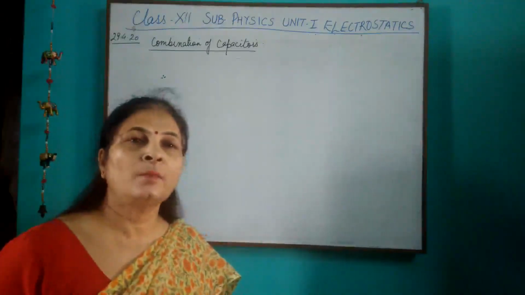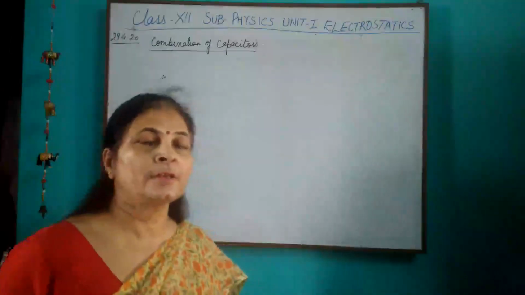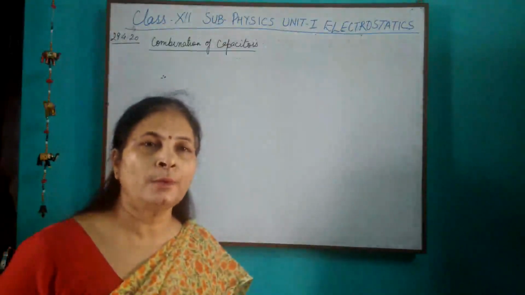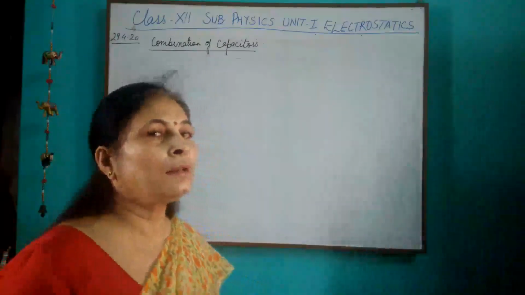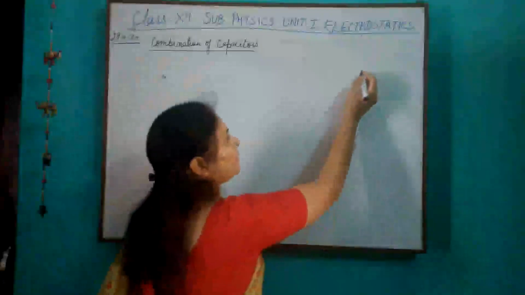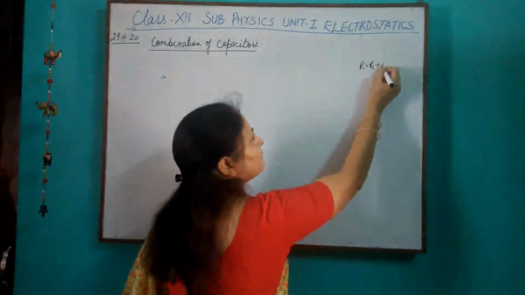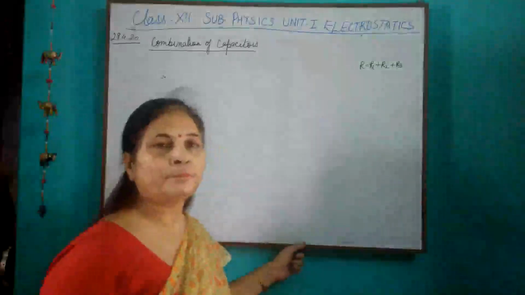saw that when resistors are combined in series, like for example you have got three resistors R1, R2 and R3, and if they are combined in series, then the equivalent resistance came out to be R equals R1 plus R2 plus R3.